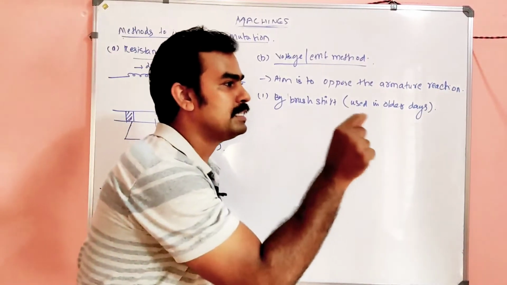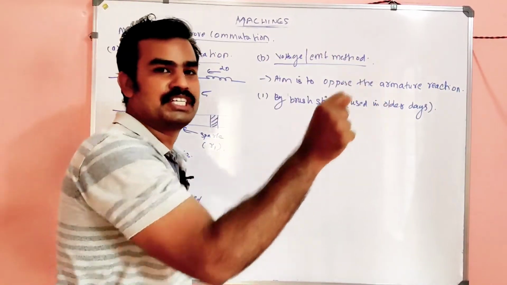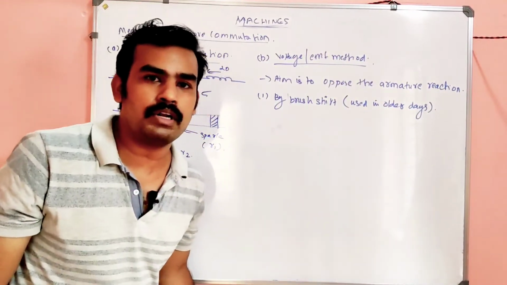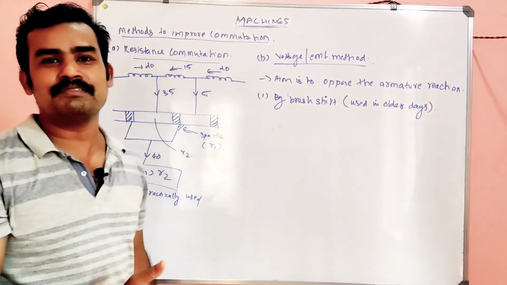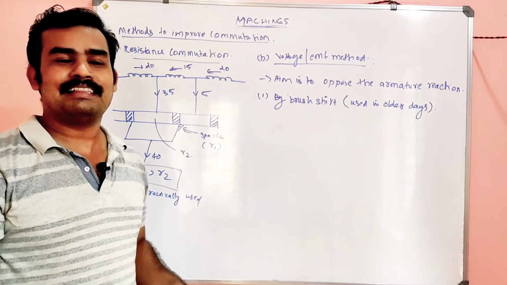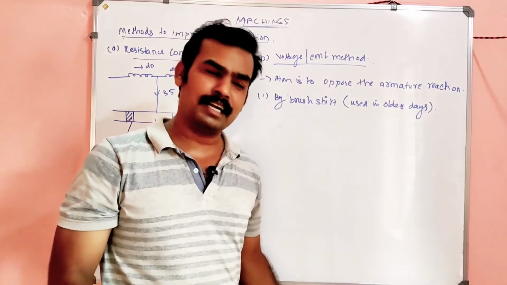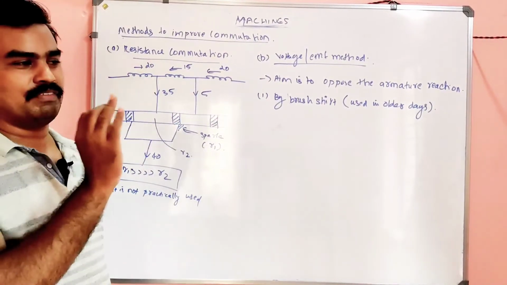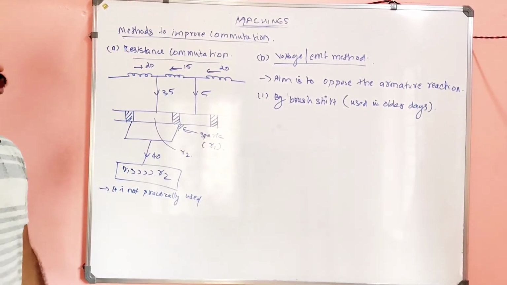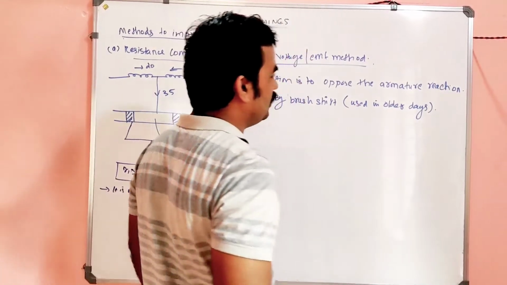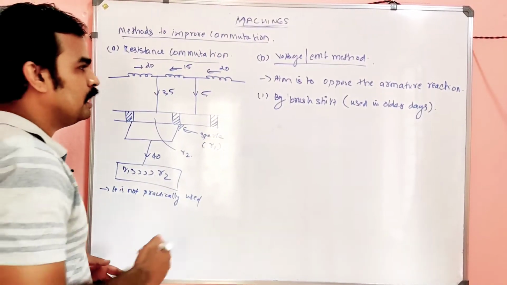Even if you fix some MNA and place our brushes there, if you change the load, that MNA will slowly shift from that position. Then also sparking happens, and there will not be smooth commutation. So brush shift is not used now; it was used in the older days.